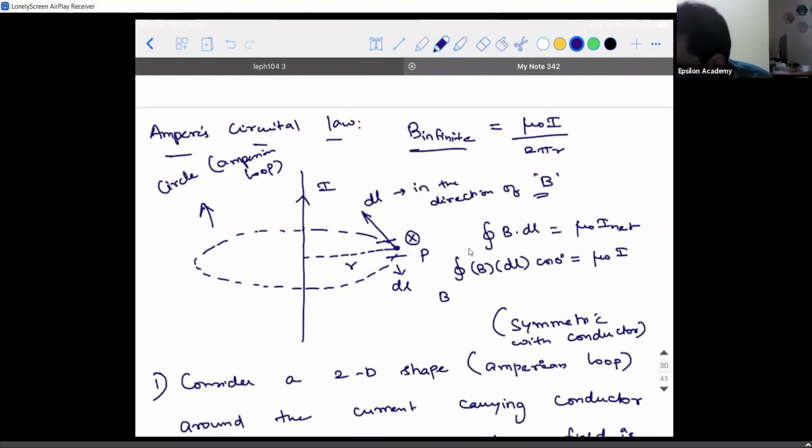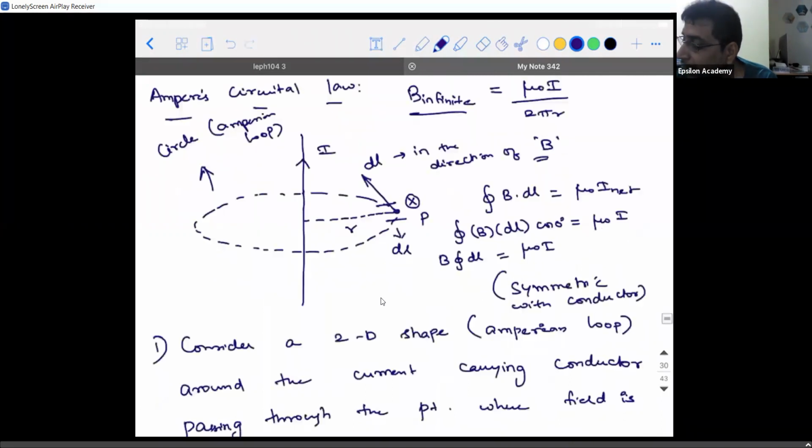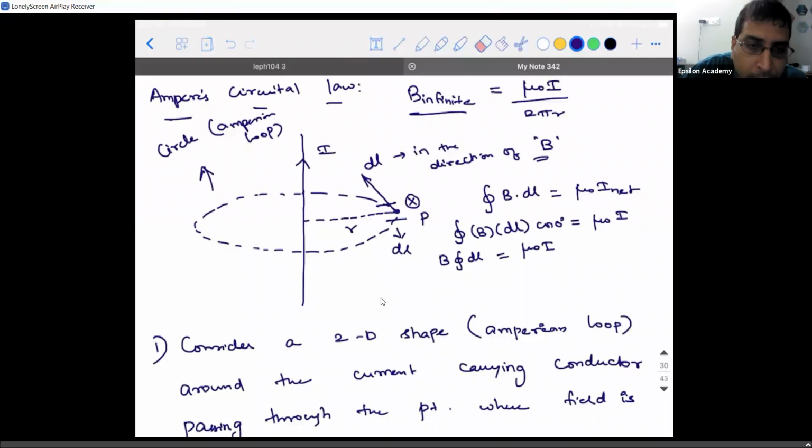So B into the line integral of dl, cos 0 is 1, is equal to mu naught into I. Now, if I add all the dls on the Amperian loop, what am I going to get?